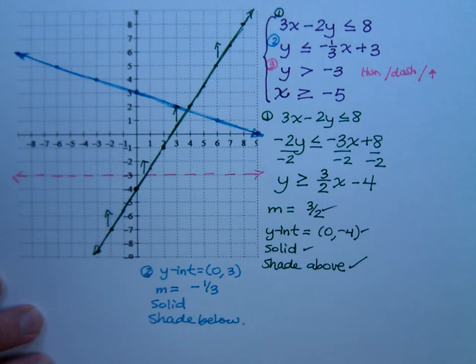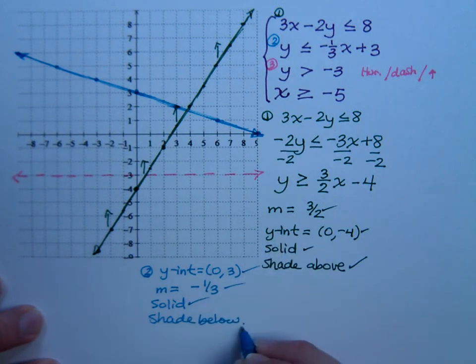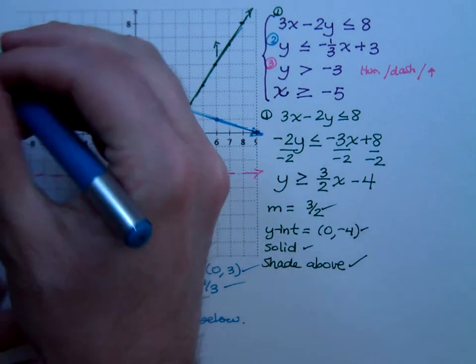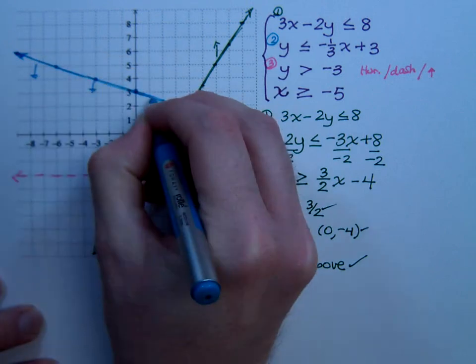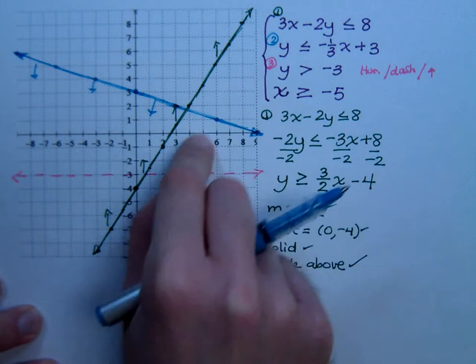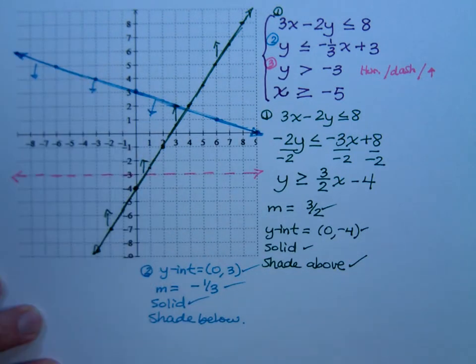Oh, you know what I forgot to do? Let's go back to the blue one. I graphed this guy, made it solid, but I forgot to shade below. Now, notice I'm only talking about this region over here, so shading below is only going to be down here. I'm not going to put arrows here because I know I'm not shading in this region. I'm shading on the top part of the green line, the bottom part of the blue line.